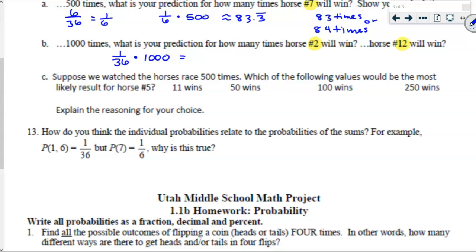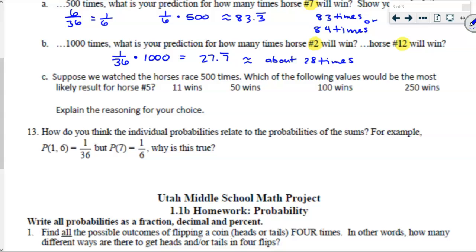You even had enough time to discuss. You just chose not to. Thank you, Cambria. Good. 27.7 repeating. We definitely don't want to discount that 0.7 repeating, so we would say that's about 28 times. And it would be the same for horse number 12.